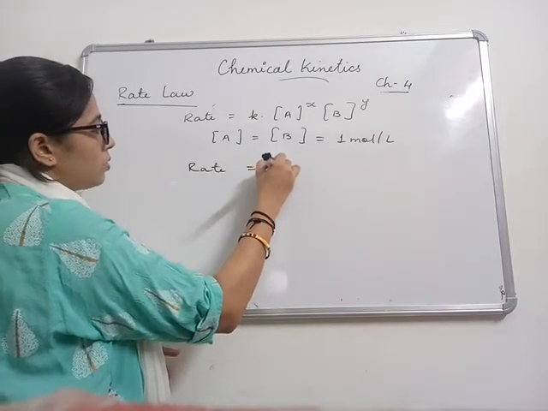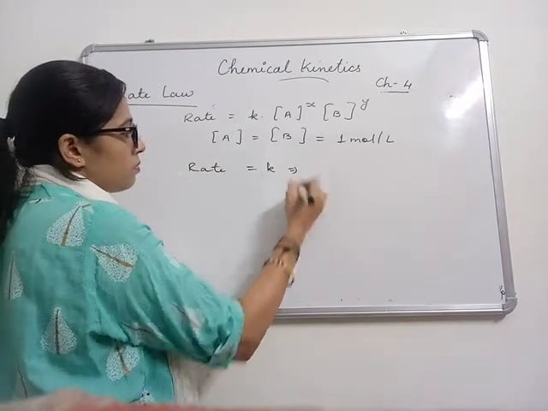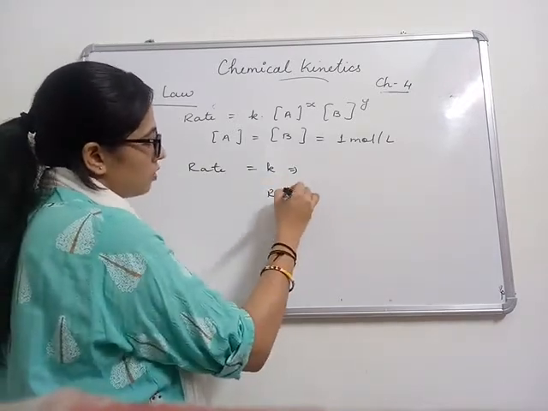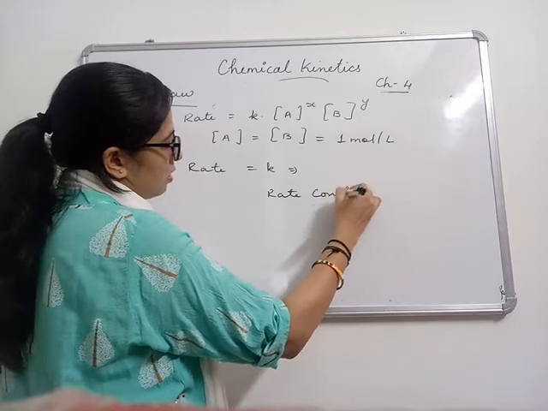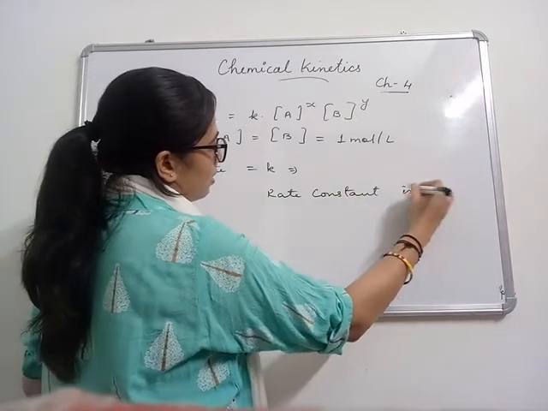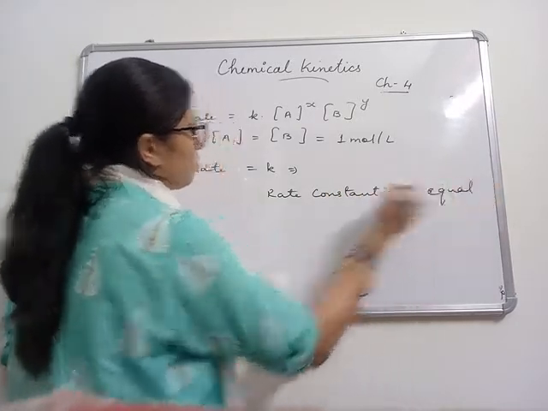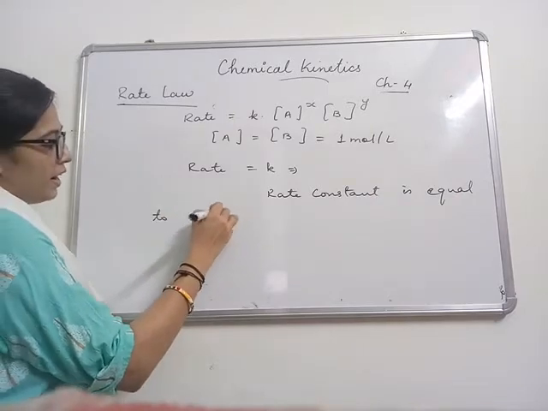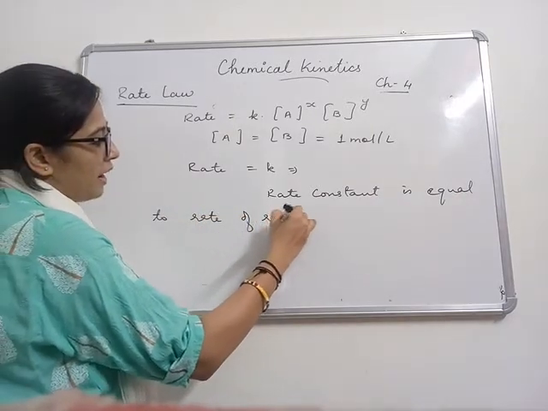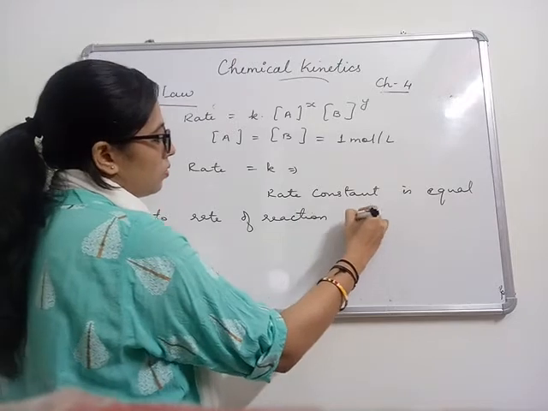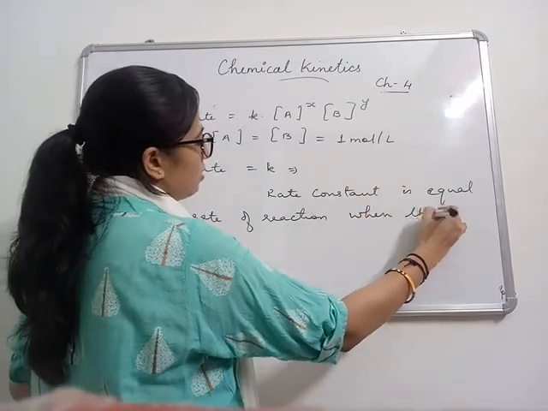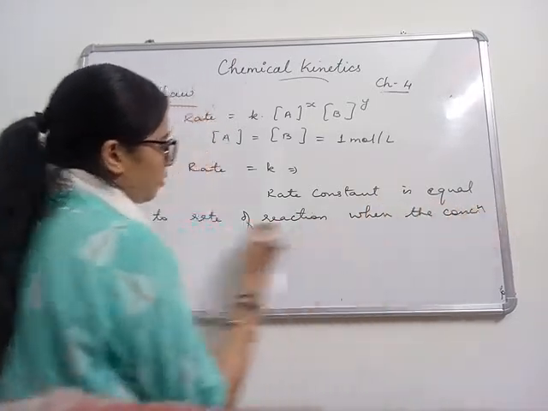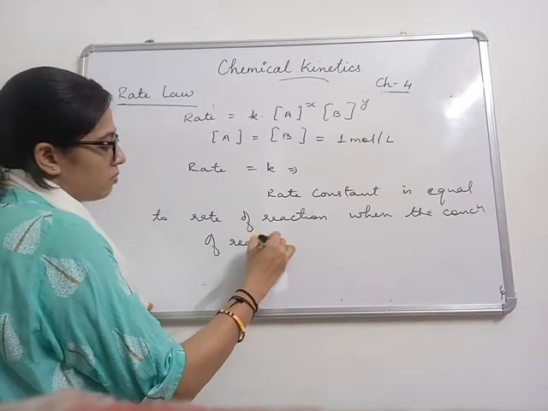Rate is equal to k. This means the rate constant is equal to the rate of a reaction when the concentration of the reactants is unity.